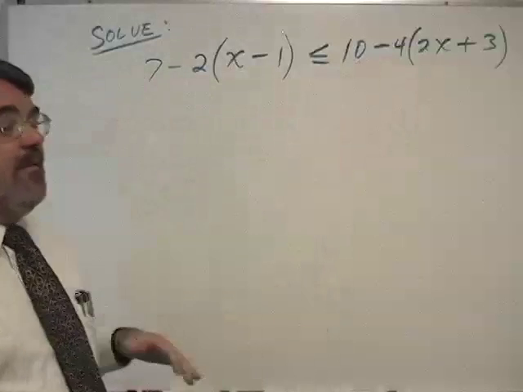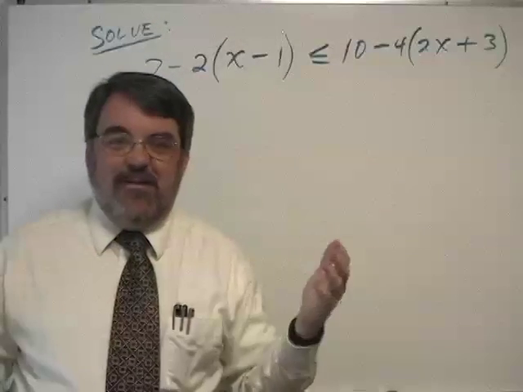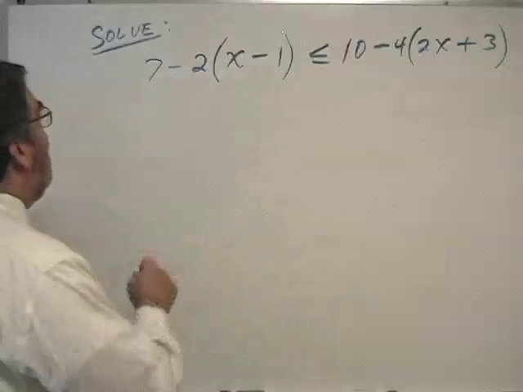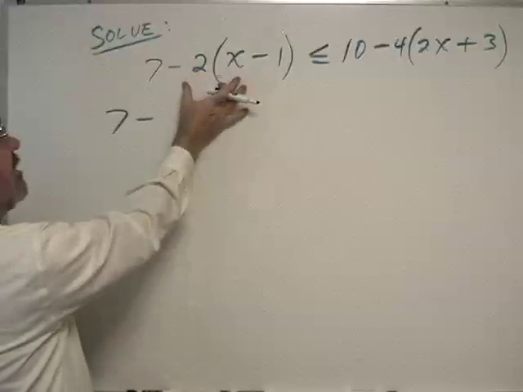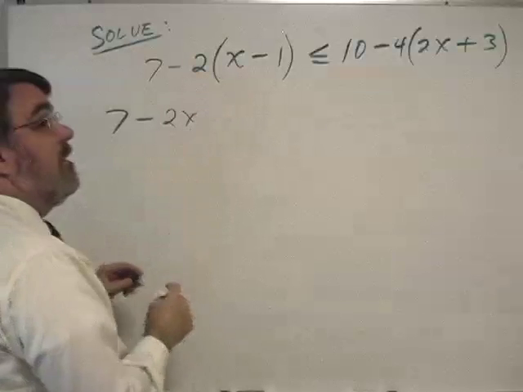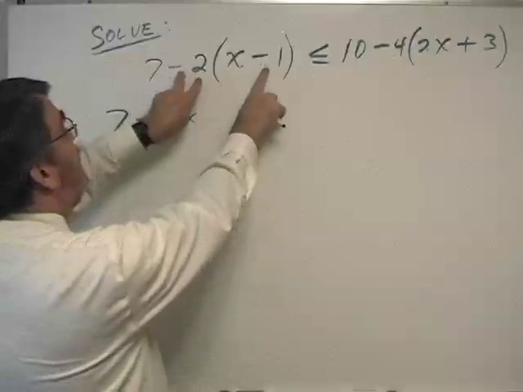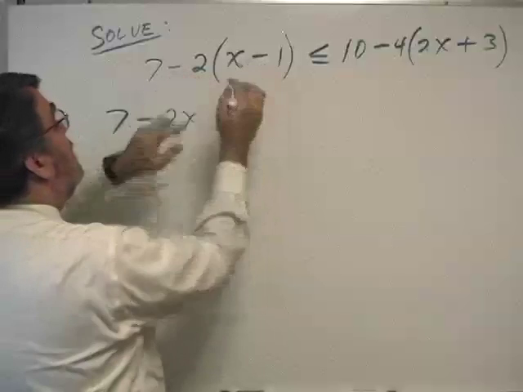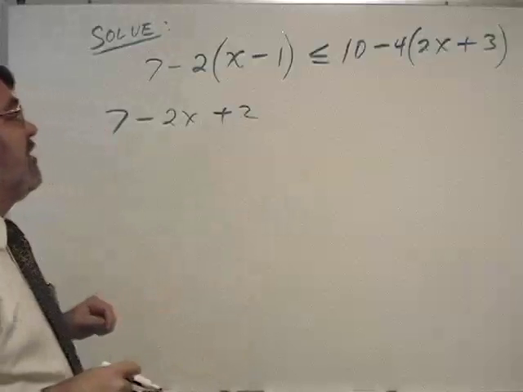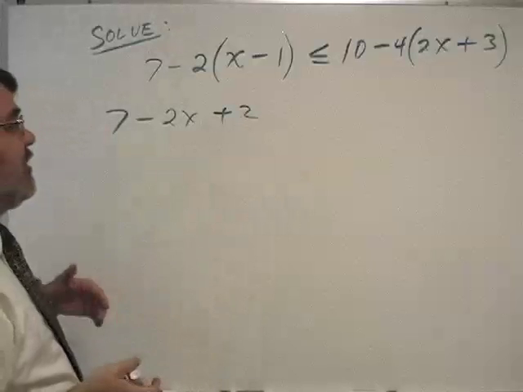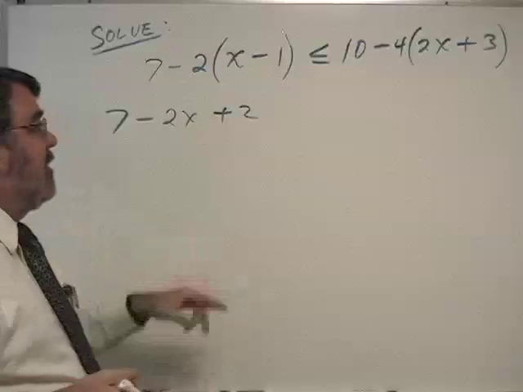All right, so I'm going to, first of all, simplify this by removing the parentheses. And we get 7 minus 2x. And then what's next? Negative 2 times negative 1, which is positive 2. The negatives cancel there. So be careful with distribution, because those are errors I often see in intermediate algebra.